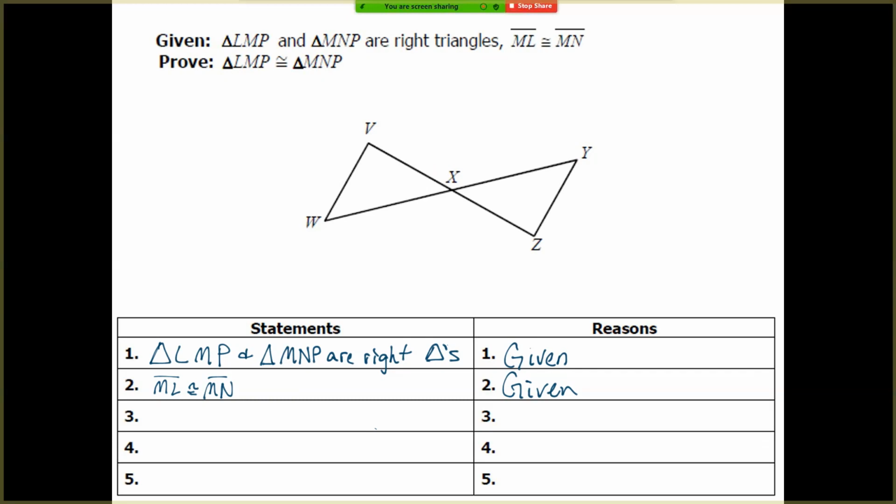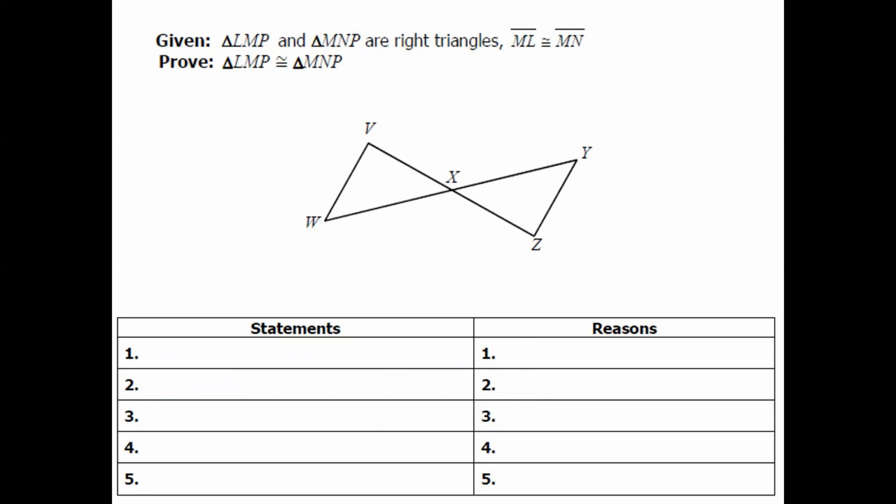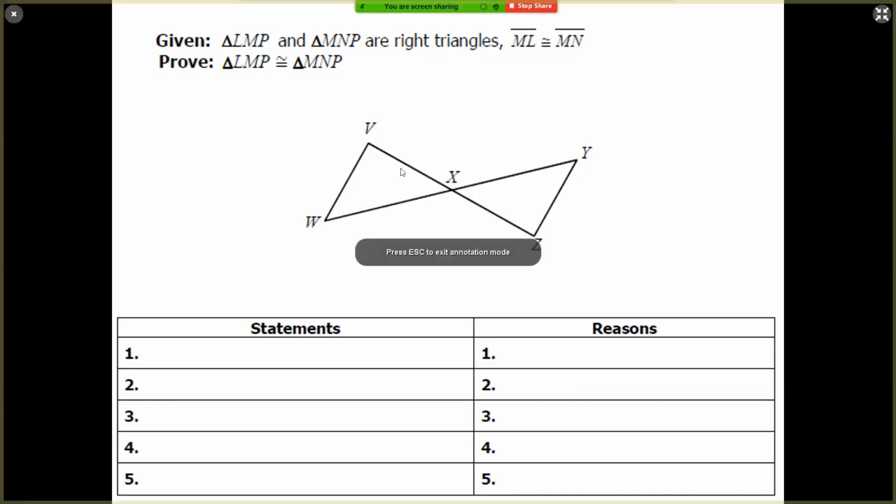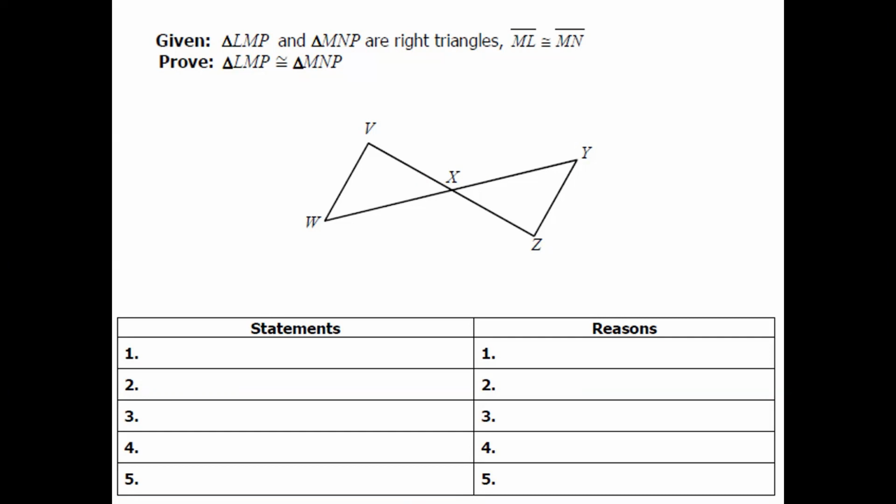No. I lied. Skip this problem. The instructions don't match our diagram. So we were given that triangle LMP. We don't have triangle LMP. So I goofed. We can't do this one. But if we were given that they're right triangles and one of the sides were congruent, I would assume that you would have to show that these are vertical angles to prove they're congruent. I don't really know what the actual instructions were, but that's my fault. I'm sorry.